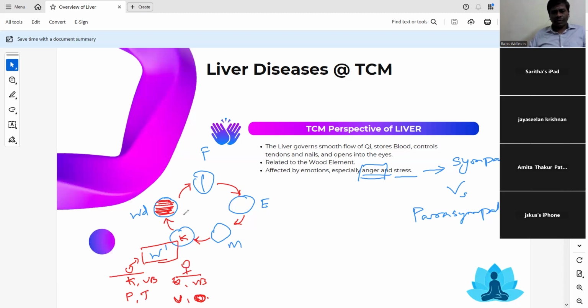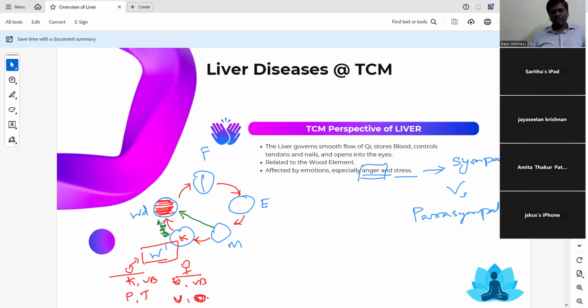If the metal started overfiring, bypassing the kidney, here there is no proper flow.